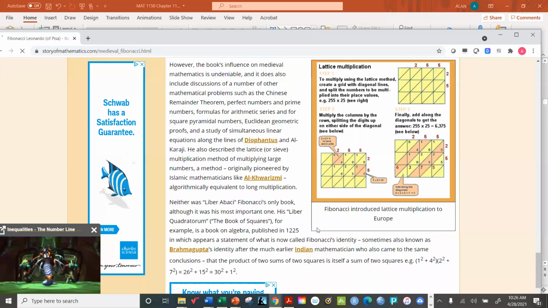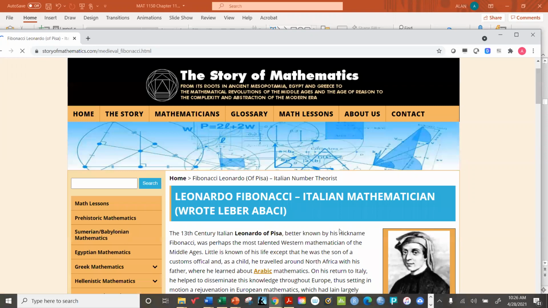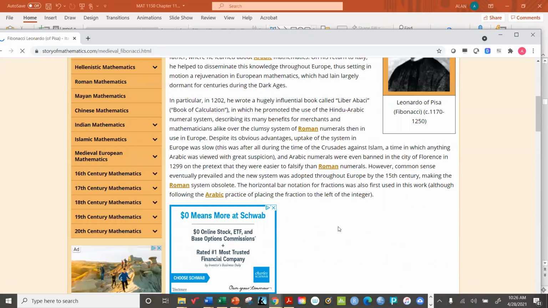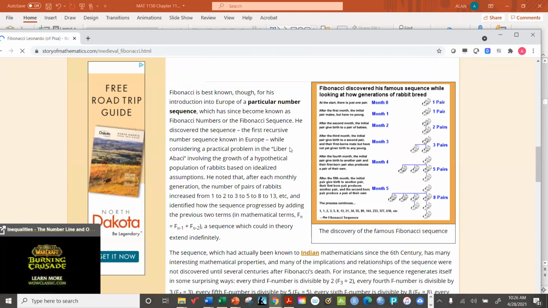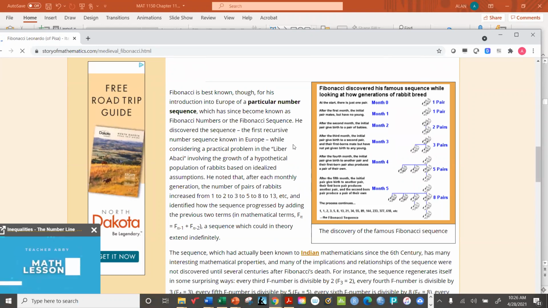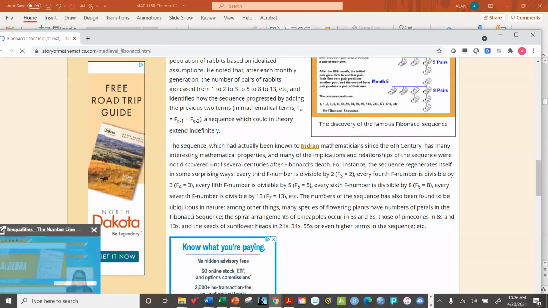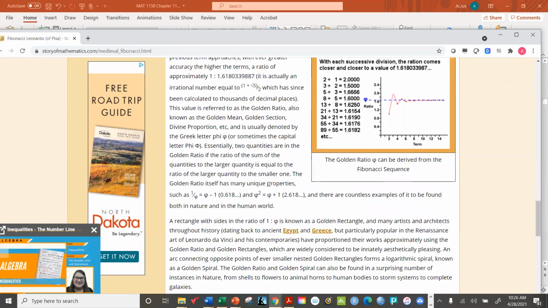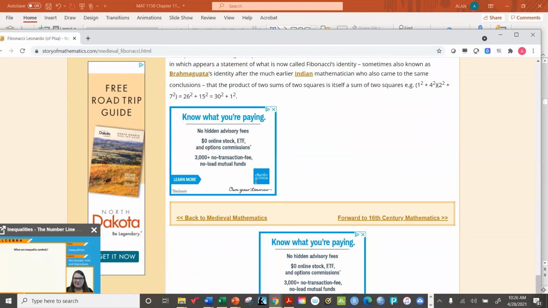So even if da Vinci never met Fibonacci, he at least knew who Fibonacci was. And so, yes, it's a recursive sequence. And so he invented a lot of what we know today as far as sequences are concerned. So it actually is a very interesting area of study. But sadly, we don't have time to get too deeply into it right now.